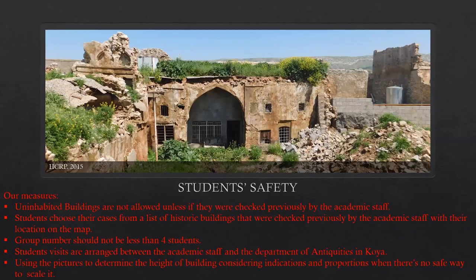So we encourage them to use pictures to determine the height of the building, considering indications like a ruler in the picture, or using proportion, which would be very helpful here. And that, of course, is when there is no safe way to scale it.